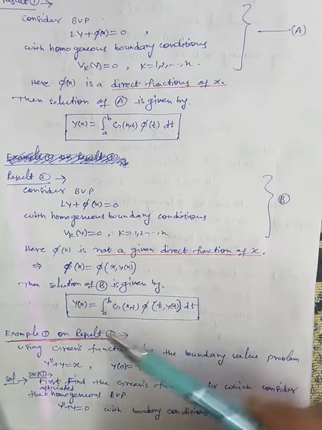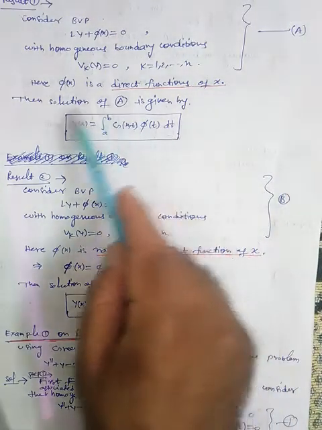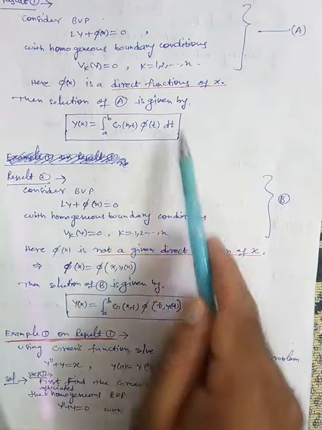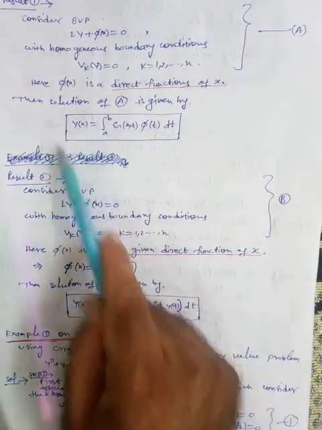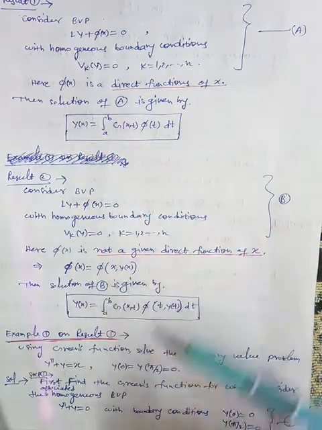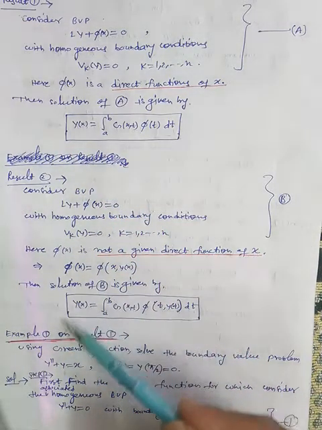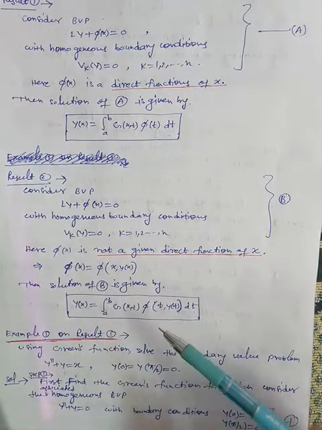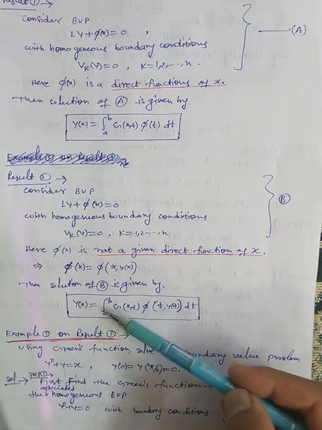Now what is the advantage of these two different results? In the first result, basically we will get the solution. However, in the second one, generally we will have an integral equation of the form of a Fredholm integral equation.